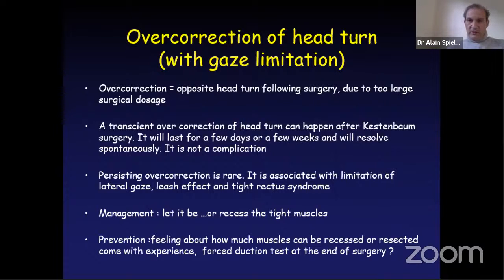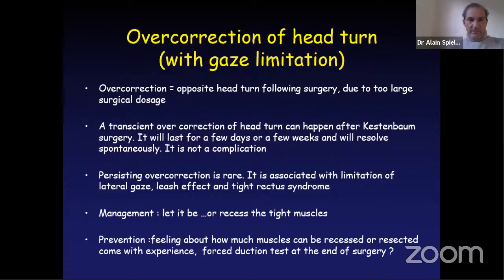I will show you a video next slide. And if it happens, the management may be to let it be. The patient does not necessarily complain because they're happy with the results on the intensity of the nystagmus. But if the limitation of gaze is too much, you can recess the tight muscles.